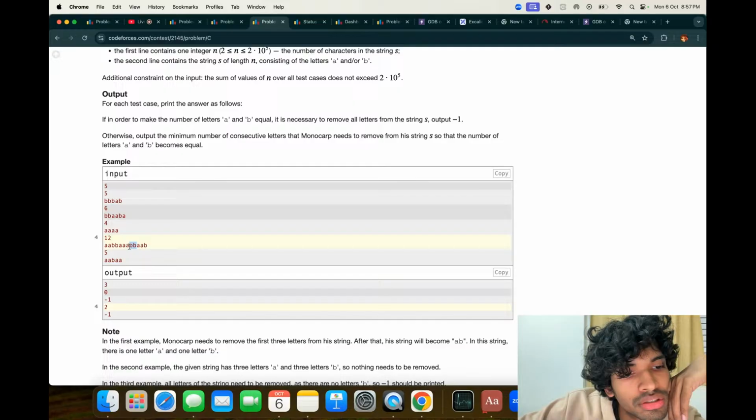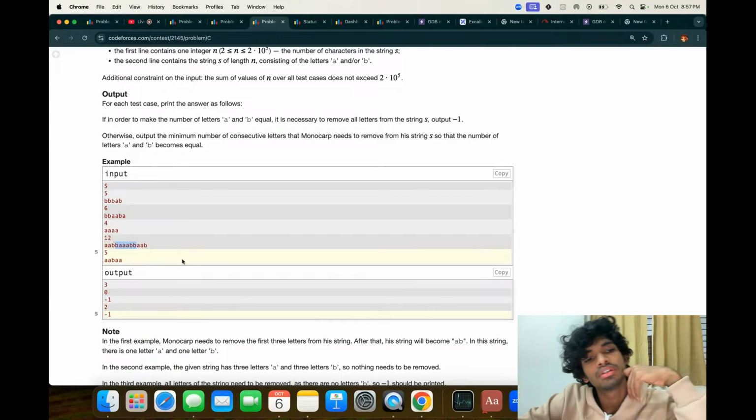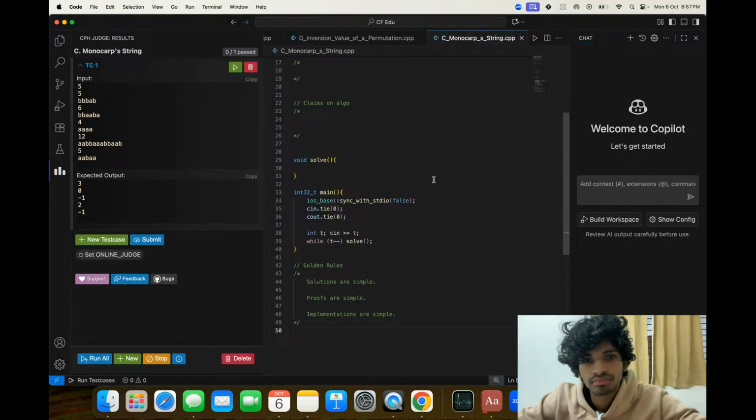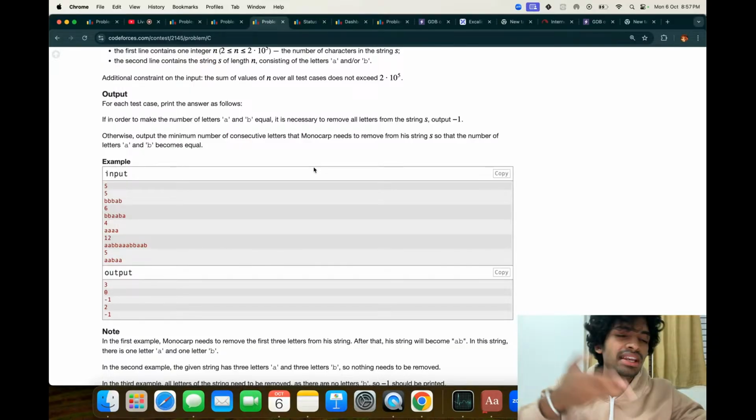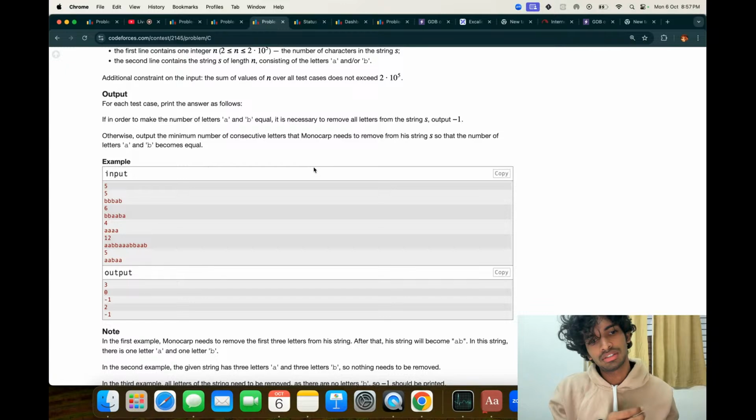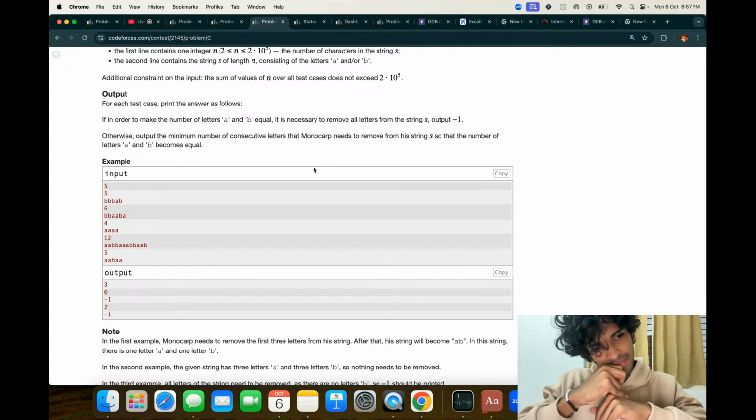So if you are here, if you have prefix sums and indices of this minus that sum, then you can get that, right?